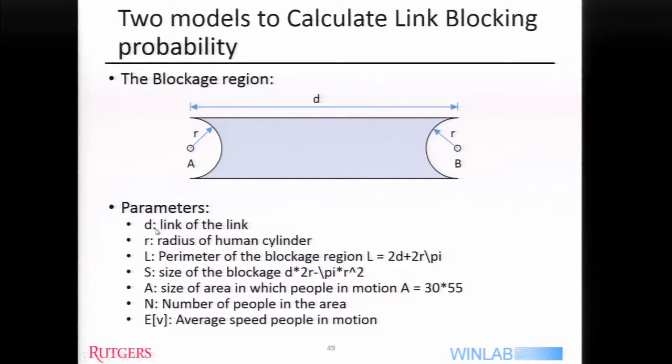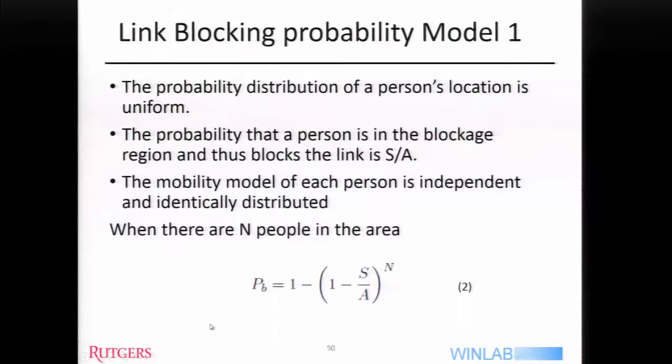D is the length of the link, R is the radius of the human cylinder, L is the parameter of the blockage region, and S is the size of this blockage region. We also have A, the size of the area where people are moving, the number of people in the area, and the average speed at which people are moving.